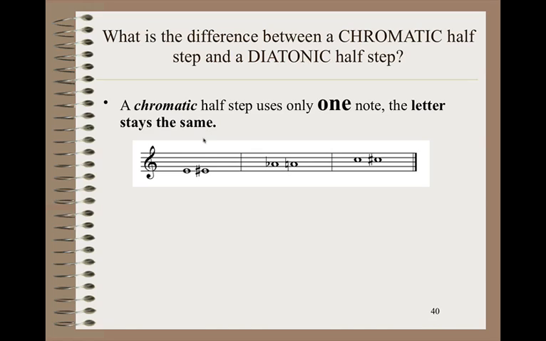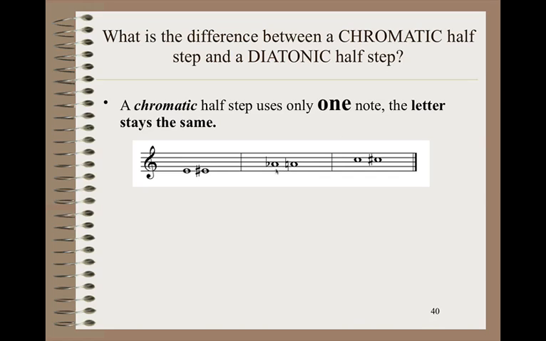So we have a half step here, but notice that we have an E to an E sharp. Notice that the E is the same. We have an E, and then I'm going a half step up, which actually, if you look at it on the piano, would be the same as an F, but we don't call it an F. We call it an E sharp because we're talking about a chromatic half step.